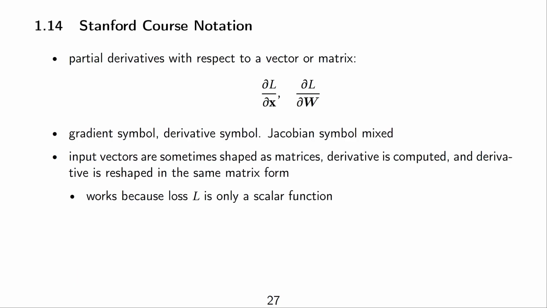So we'll look at some examples from the Stanford course. As a reminder, we'll use this type of notation, usually partial loss, partial some value in the graph. And again, we'll look at values that travel on the edges of the graph.